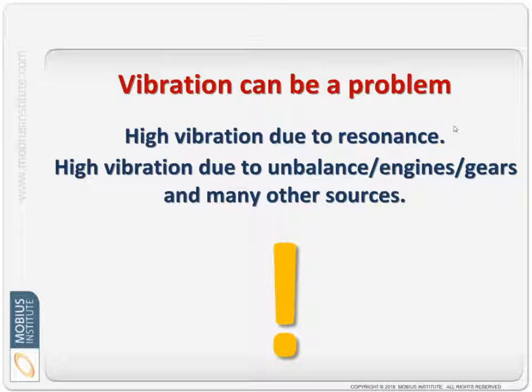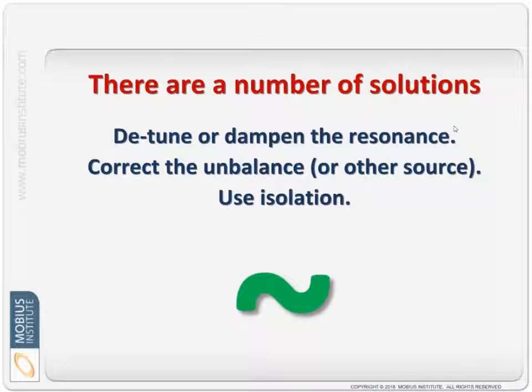So, as we're all aware, vibration can be a problem, either due to resonance or just because there's vibration coming from the machine. It might be unbalanced or just the engine vibration or whatever. And there are a number of solutions.